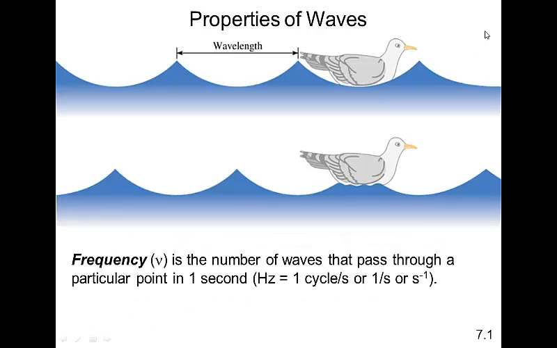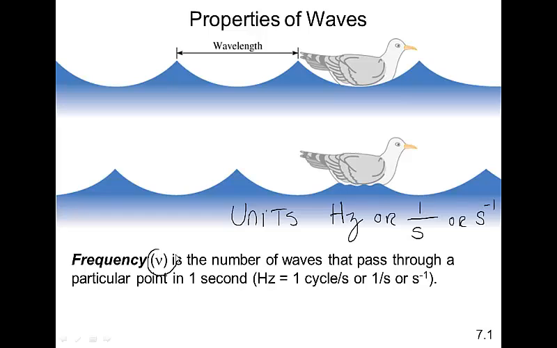Frequency is the other most important property of a wave. Frequency is exactly like it sounds. It is the number of waves that pass through a particular point in 1 second. The units for frequency are going to be varied. They're going to mean the same thing, but there's a couple of different ways to write them. The units for frequency are hertz or per second, which I'll write 1 per second if you like, or second to the -1.